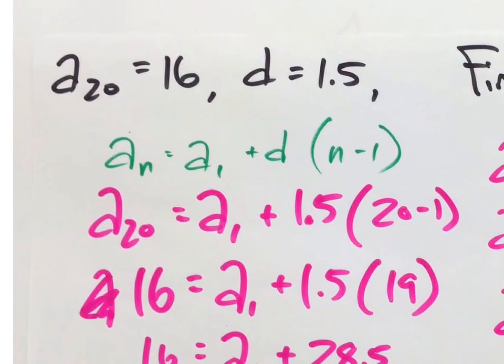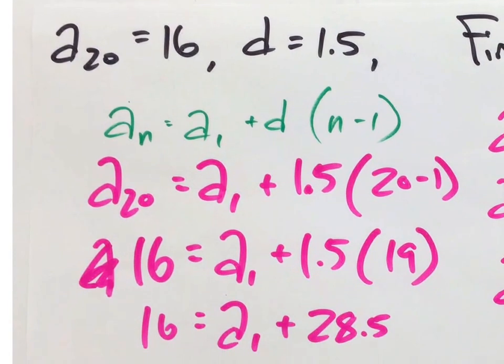All right, so let's plug in a sub 20, which we got right there, equals a sub 1 plus the common difference, 1.5, times 20 minus 1. And we're going to swap out a sub 20 for 16 because we see that they are equivalent at the top. 16 equals a sub 1 plus 1.5 times 19.